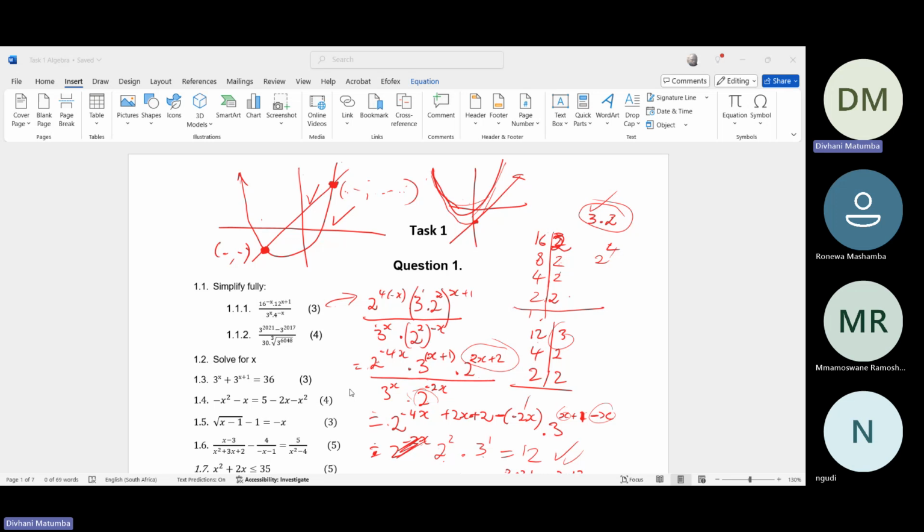Which is what I was doing most. Yes. Okay. And Ngudi? Are you also doing the nature of roots? Oh, okay. I assume we are all on the same page.